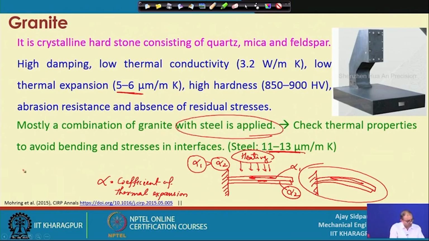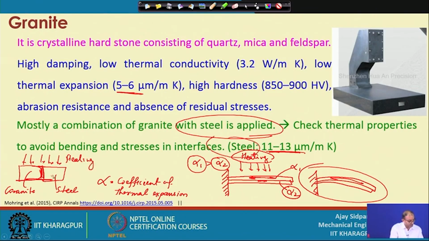Now, if you have two materials, one is stainless steel and another one is granite, and you have an interface. So, this is the granite and this is the steel. Now, again both the components are subjected to heat. Now, what is going to happen? Your steel will expand more compared to the granite, right.